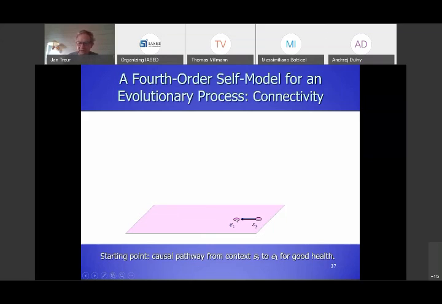The E is the health level, the E1. So this is the starting point, before the pathogens were there. There was a happy life like this. There was an environment, and you had good health because of the causal pathways in your body.